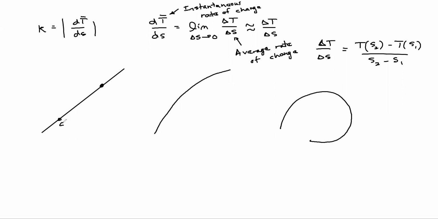We're going to say this point is S1 and this point is S2. And our curve is parameterized by arc length, which means the distance between the two points is S2 minus S1 units of distance.